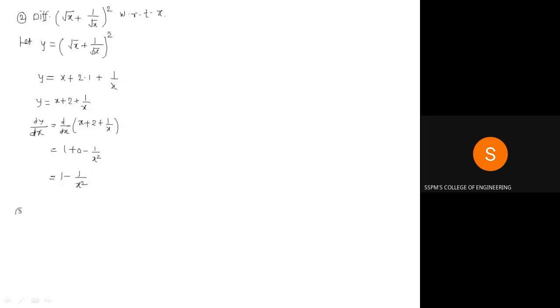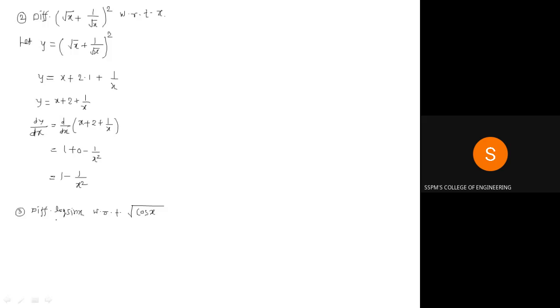See the next example there in differential: differentiating log of sin x with respect to root of cos x. In this case, there are two functions, log of sin x and root of cos x.